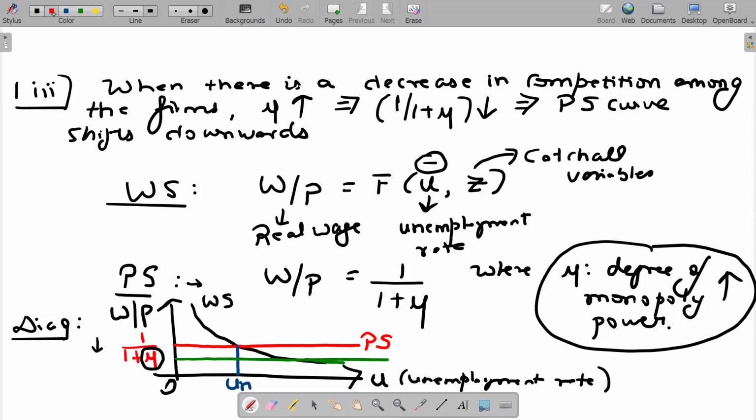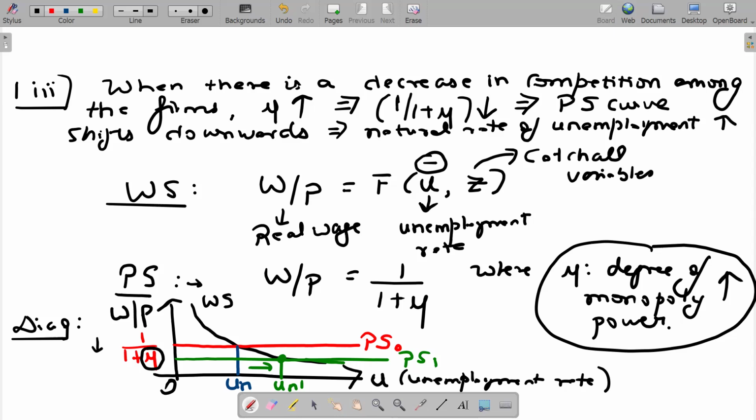This was PS0, the green one is PS1. The natural rate of unemployment increases from UN to UN dash. So my answer is there is going to be an increase in the natural rate of unemployment.